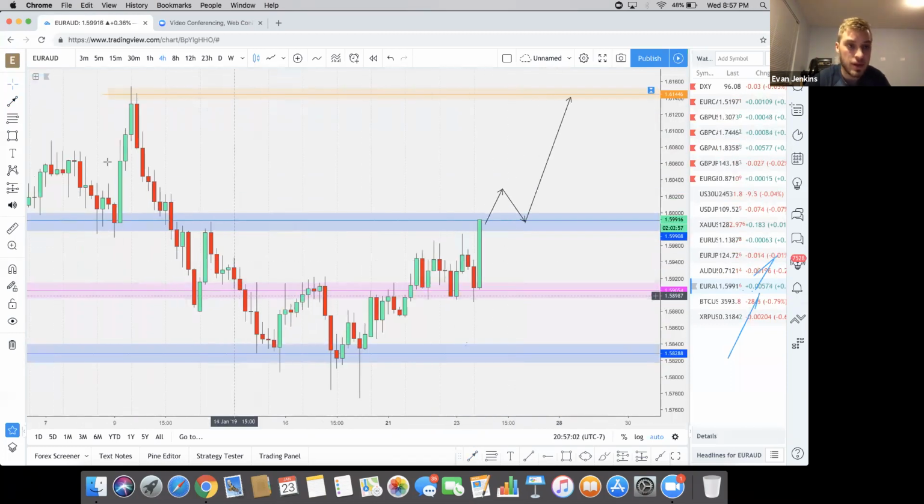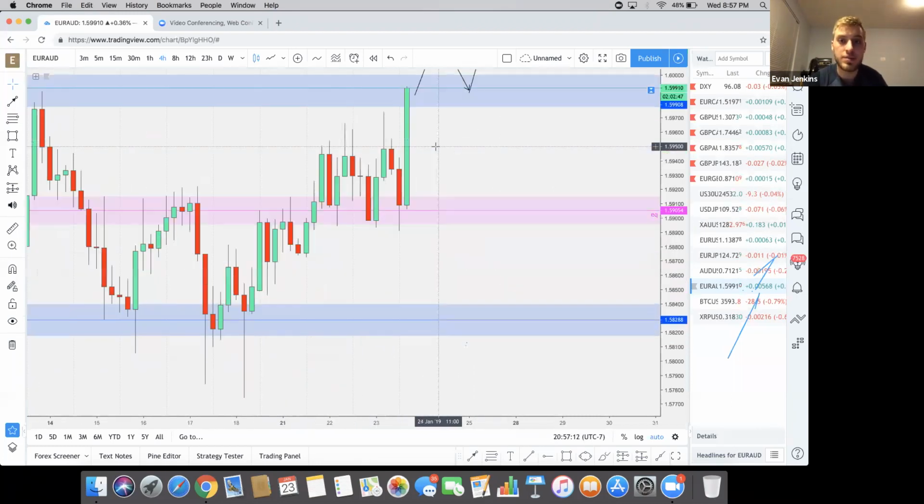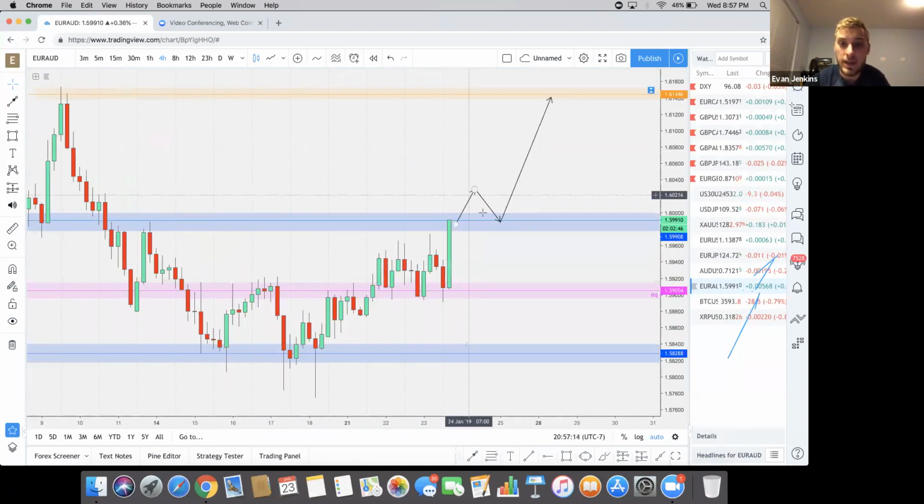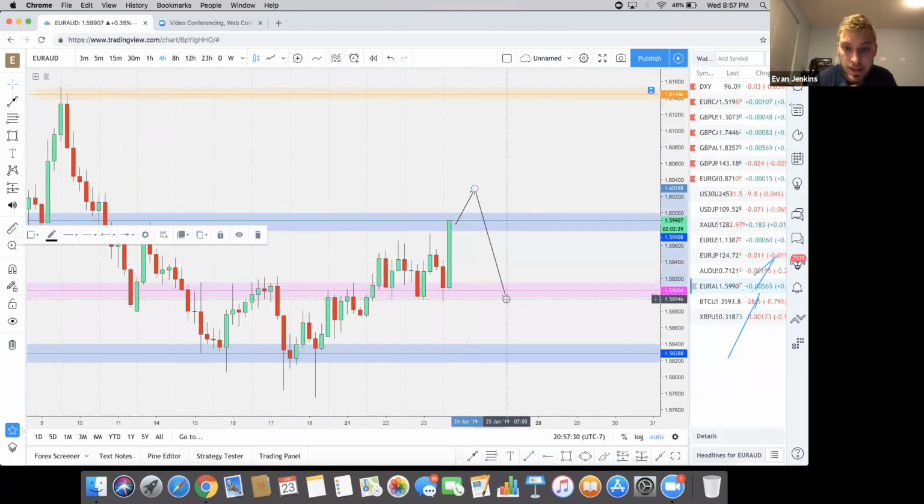So same thing with Euro AUD. The reason that I was staying out of this one was because it was just not really giving me any direction still. So now that we have this candle, hopefully this just keeps pushing up and up and up, and then we get a retest and we find some sort of floor right here. Be careful with Euro AUD, just because what they could be doing is just faking people out and then maybe just come right back into the range.